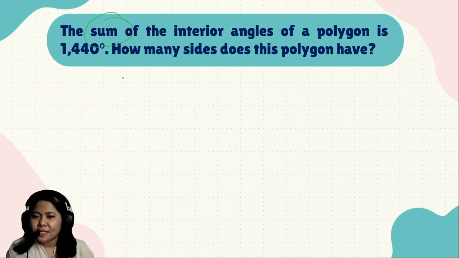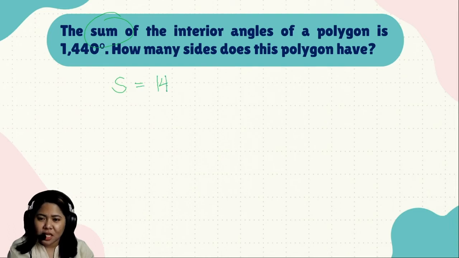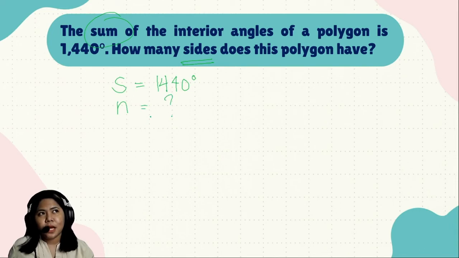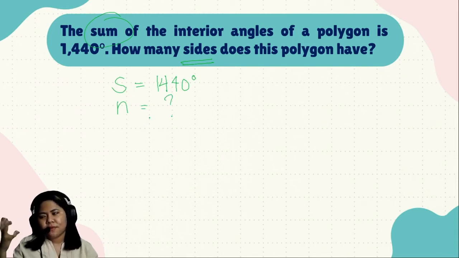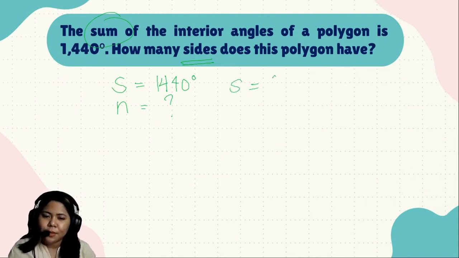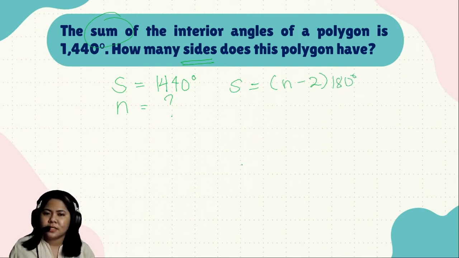Ang given ay ang sum ng interior angles, which is 1,440 degrees. Anong hinahanap? Sides, which is represented by n. So, anong formula ang pwedeng gamitin? Since given yung sum ng interior angles at hinahanap ang sides, basically, we can still use the formula n minus 2 times 180 degrees.